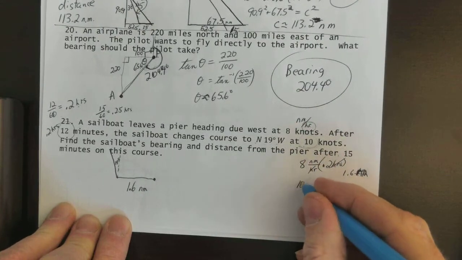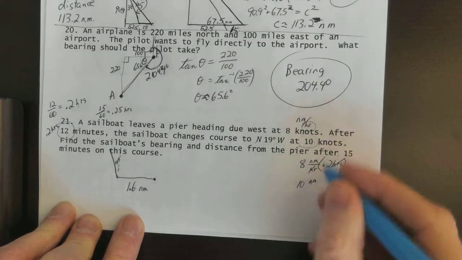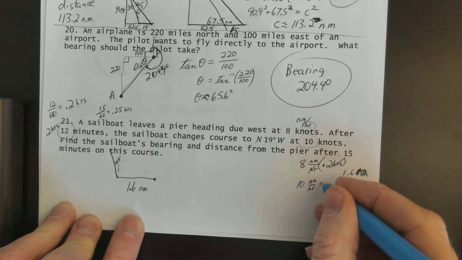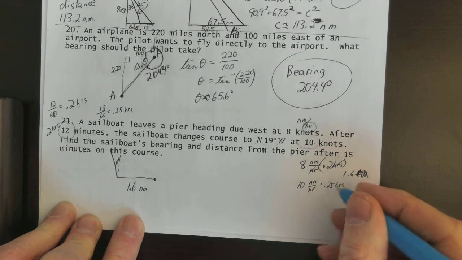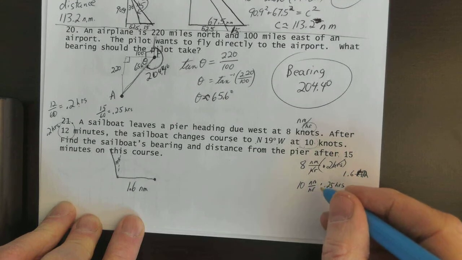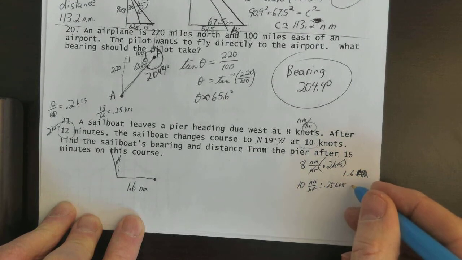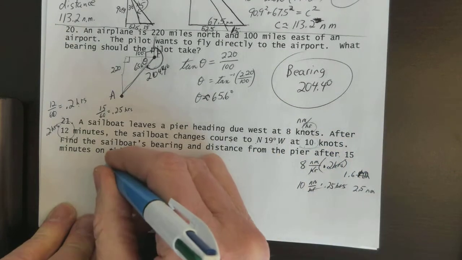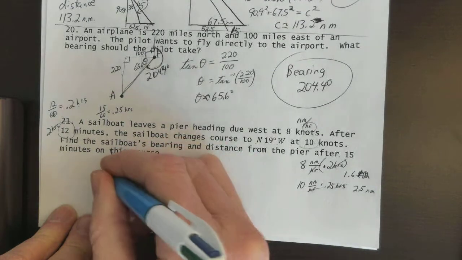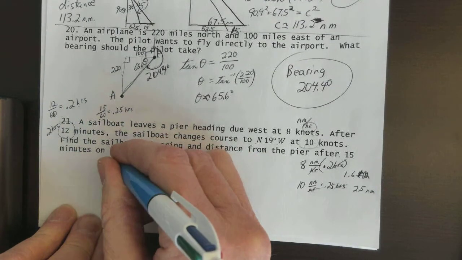And 10 nautical miles per hour times 0.25 hours is 2.5 nautical miles. So this is 2.5 nautical miles right there.